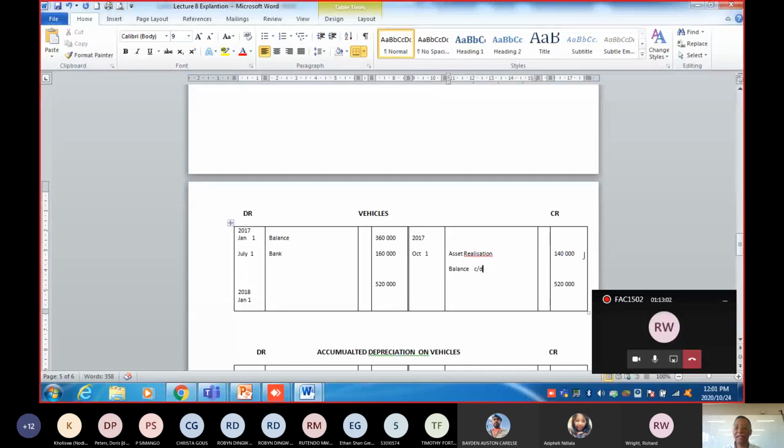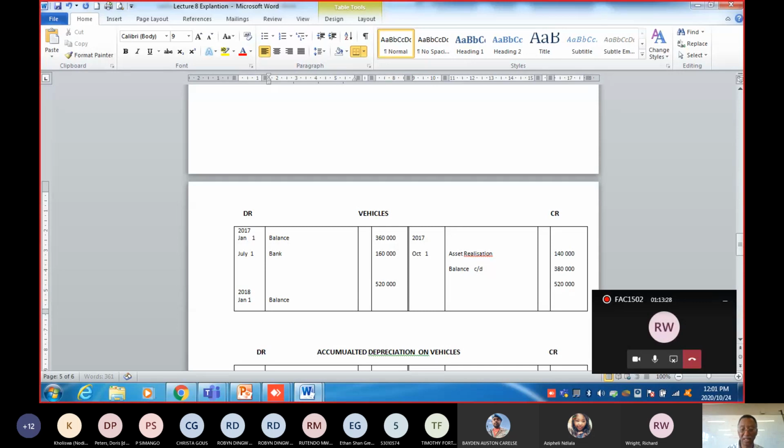And the balance carry down will then be 520,000 minus the 140,000, which will give you a balance of 380,000 Rand. And on the 1st of January in the year 2018, we will start our vehicles off with a new balance.